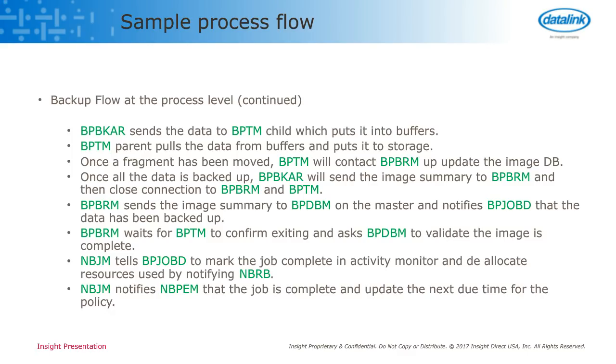So that's a lot going on there between master, media, and client, and depending upon if they're three separate servers or if they're all on one, these processes can take a little more time. From the client to the media server, if they're two separate servers, that data is going across the network.